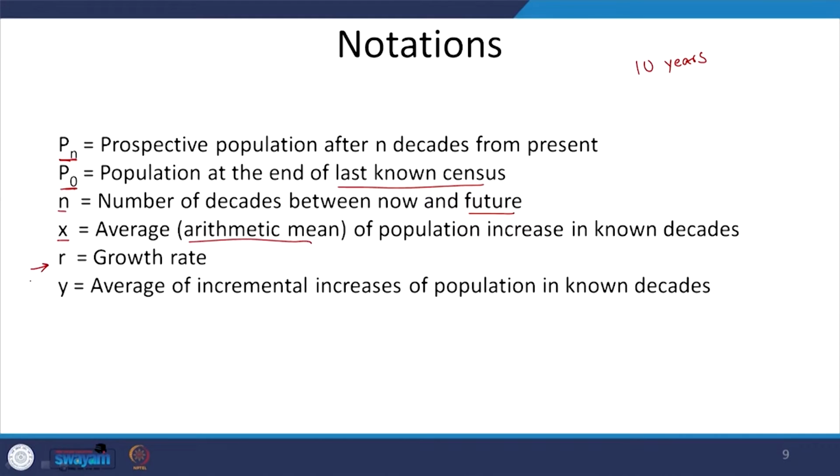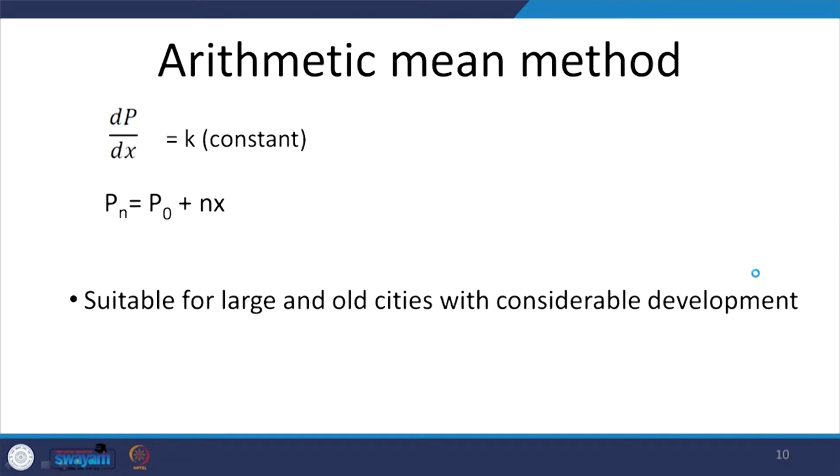The growth rate depends upon the geometric mean, right? And the average of incremental increase of population in known decades. We will see why and how this comes into play. Let's look at some of the usual population forecasting methods. So here, okay, what do we see?